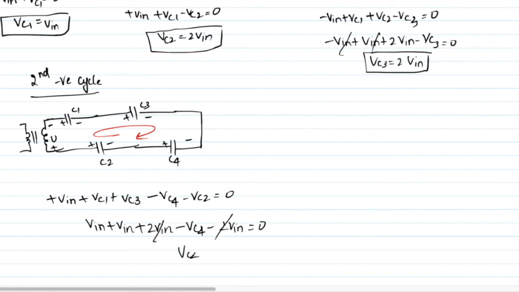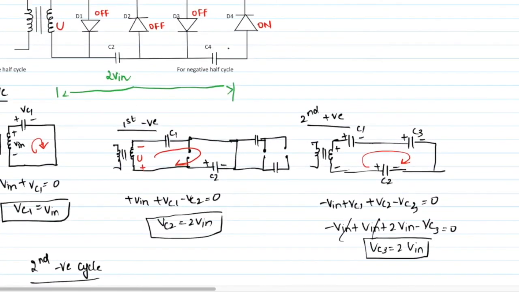So Vc4 equals 2V in. So the voltage across this capacitor is also 2V in. For a quadrupler, you need an output equal to 4 times the input. Therefore, take the output across C2 and C4. So 2V in plus 2V in equals 4V in.